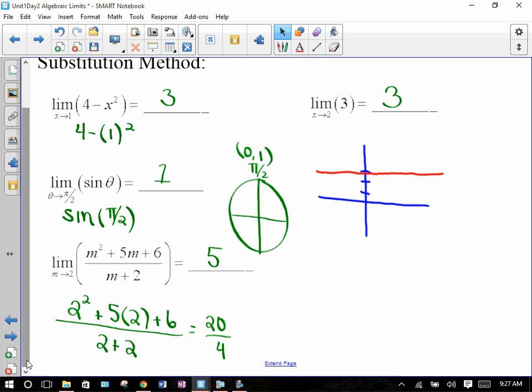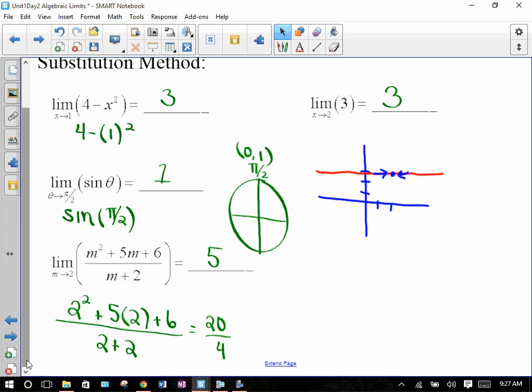Alright? And obviously, as x approaches 2, which would be right here, you can see that this function is getting closer and closer to the y value of 3. Everywhere. Does that make sense?